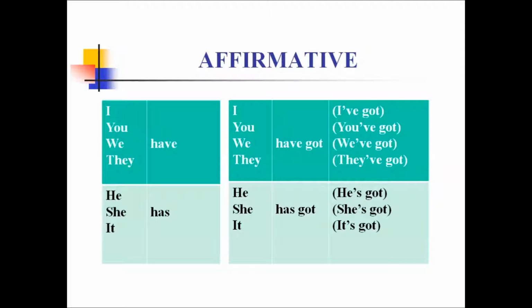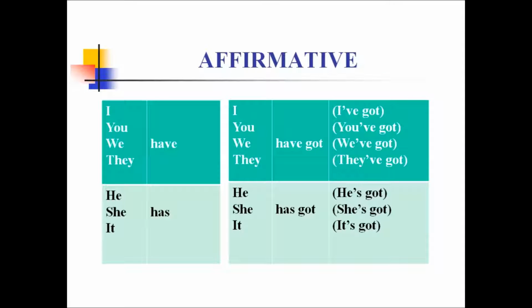For the affirmative form, you use the subject plus have or has. For have got, you use subject plus have or has got. Now, when you talk about the word have, you use the subject I, you, we, they, have. And for the third person singular, you use the pronoun he, she, and it plus has.